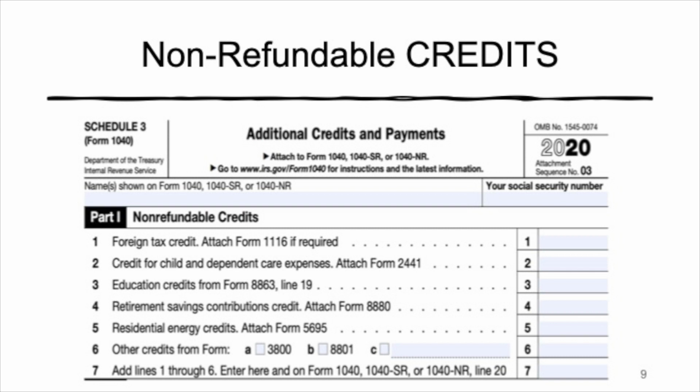Line 2 is the credit for child and dependent care expenses, attached Form 2441. Publication 4012, pages G-9 through G-12 contains information on this credit. In order for the taxpayer to take advantage of the credit, the taxpayer must have a qualifying person. This person could be a dependent child under age 13 or any dependent person incapable of self-care.